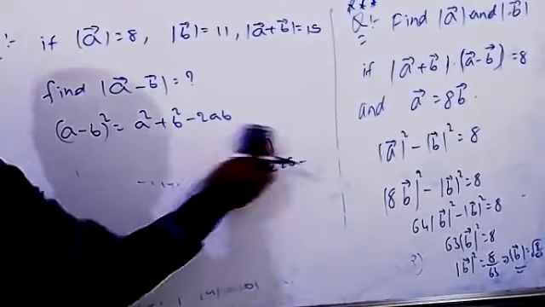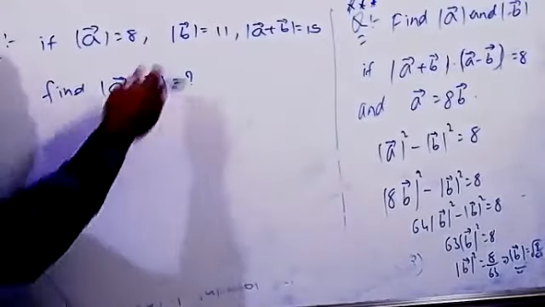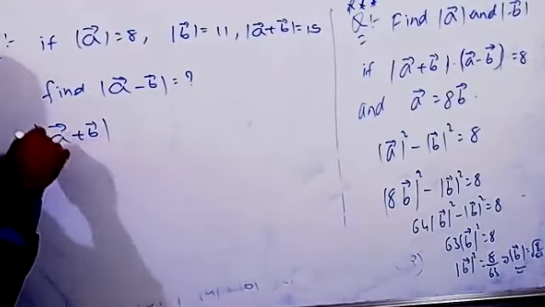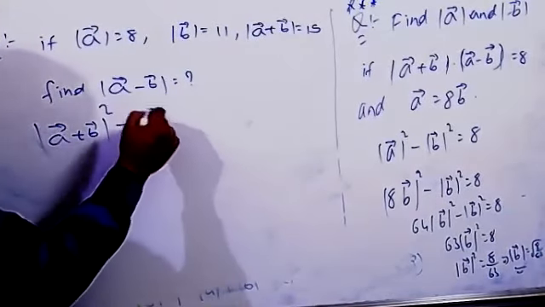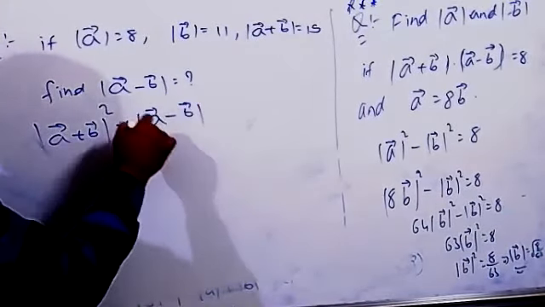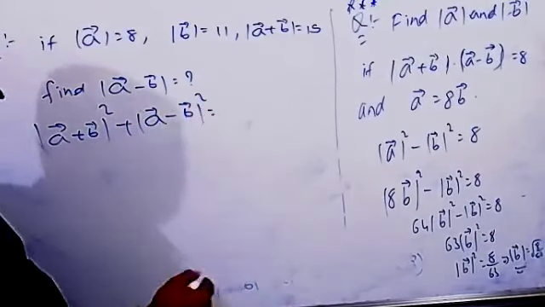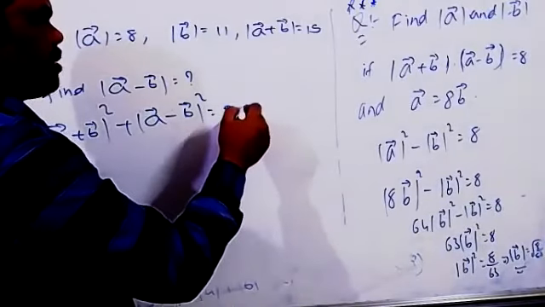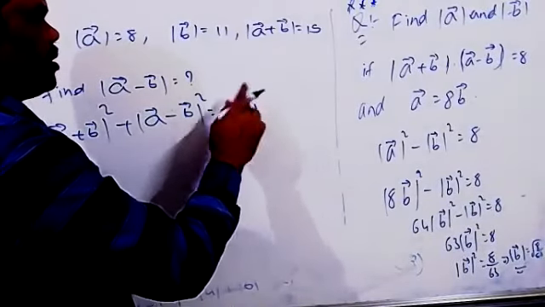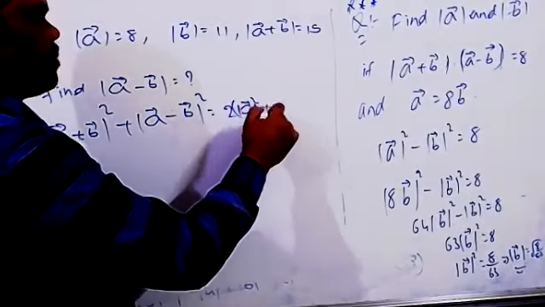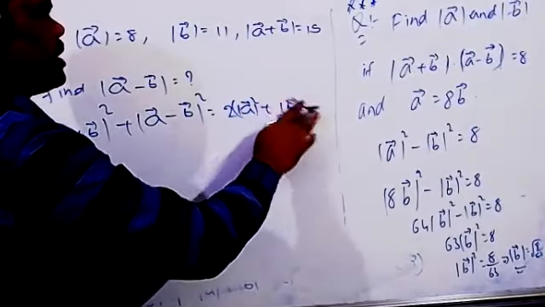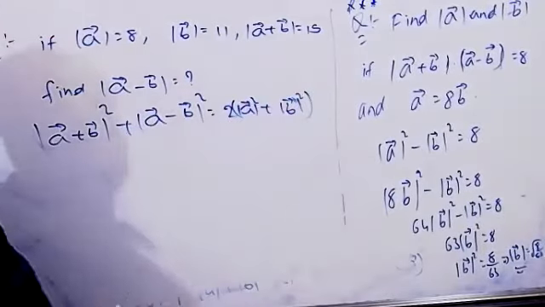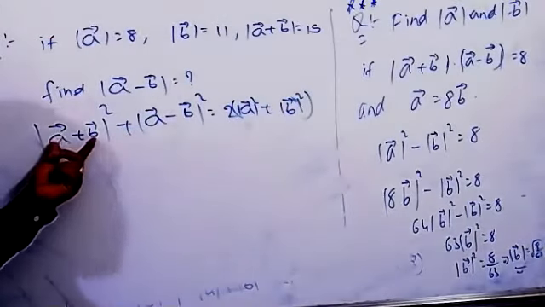Or else you do one thing now. The same thing only: A bar plus B bar whole square plus A bar minus B bar whole square equals 2 into A square plus B square. We are taking the plus here. This is the best way, because both values we know and can substitute.